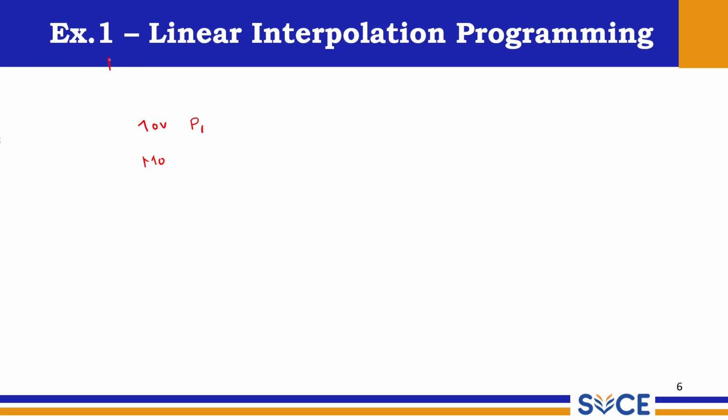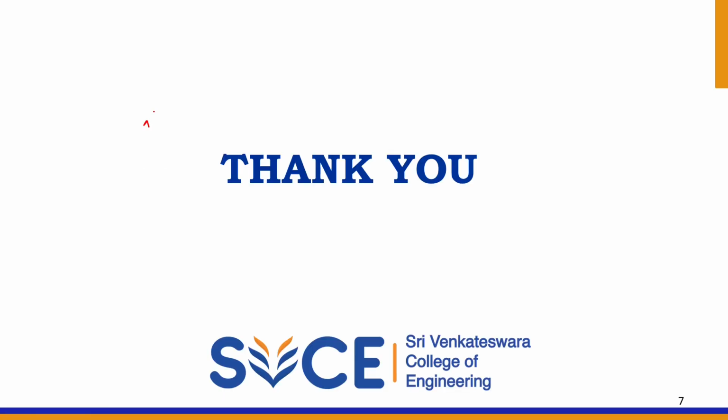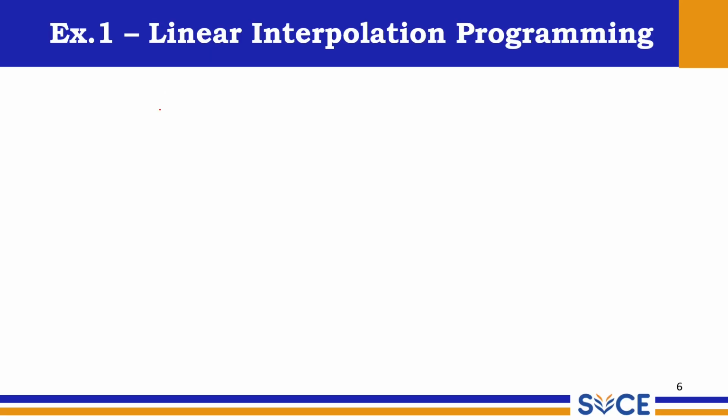I'll write it from the beginning. Move P home will be the first work. Then we ask the robot to come to the first point P1.